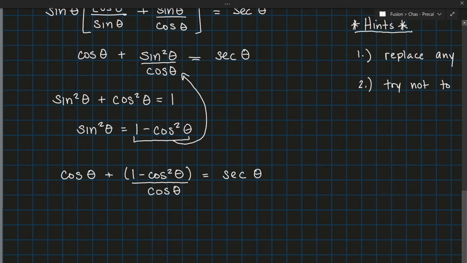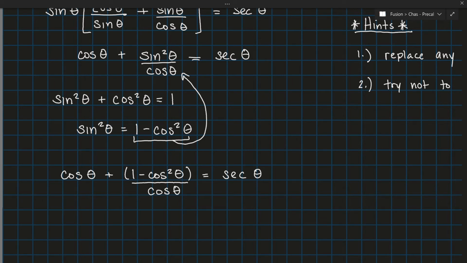Well, I'll say this. So we have 1 minus cosine squared theta on top. And whenever you have addition or subtraction on top, what can you do with the fraction? Invert it? No, not invert. Factor?